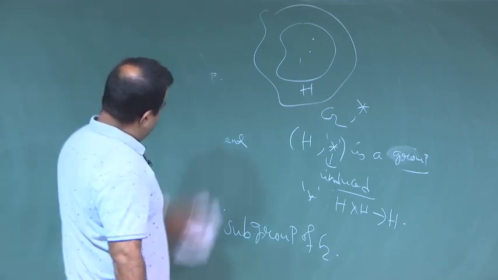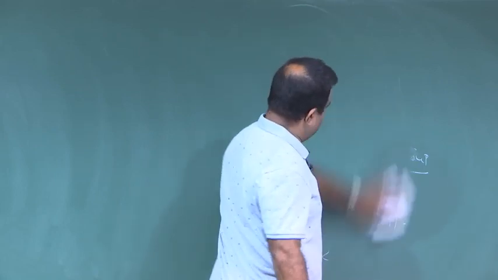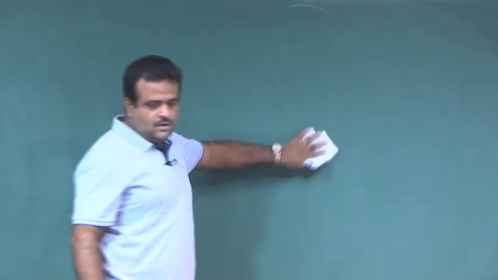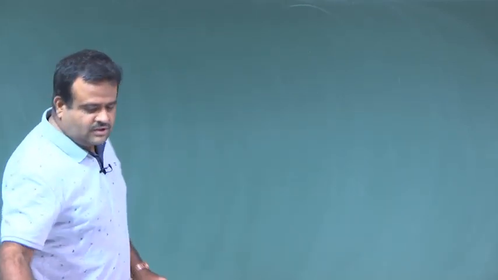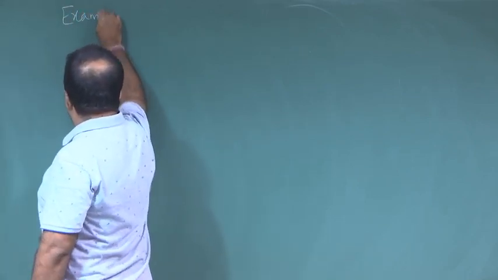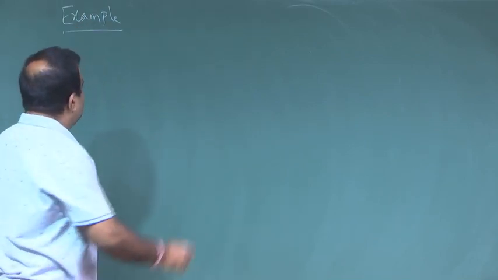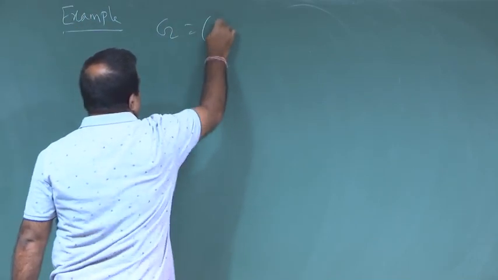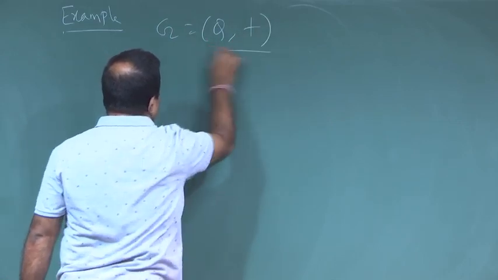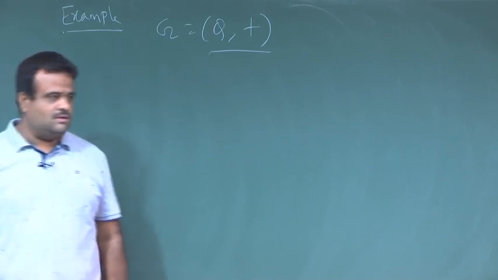Now, we take some examples of other subgroups. Now, if we consider, say, these are examples of subgroups. Say we consider the group G to be, say, Q plus. Okay, our set is the set of all rational numbers.